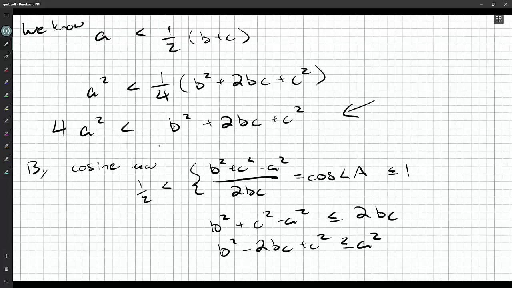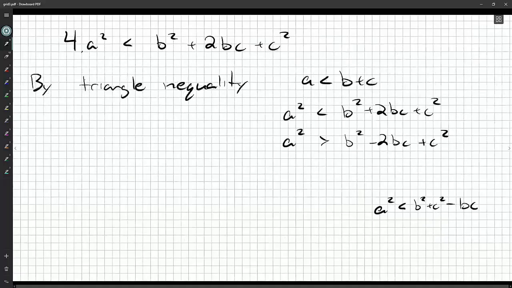Oh. Yeah. Okay. And I really wanted to do minus 3 of these a squareds. And that got me an a squared off on the side, which was good, because that's what I'm shooting for. But the problem was too many b squareds and c squareds sort of died to make that happen.